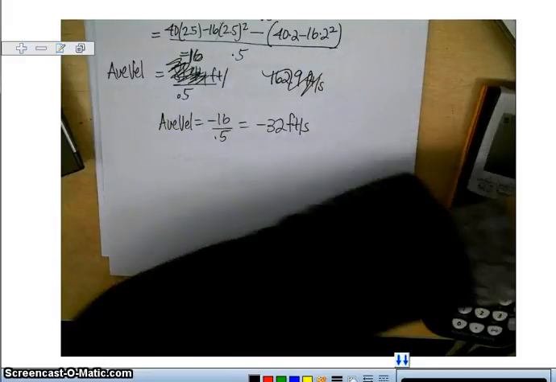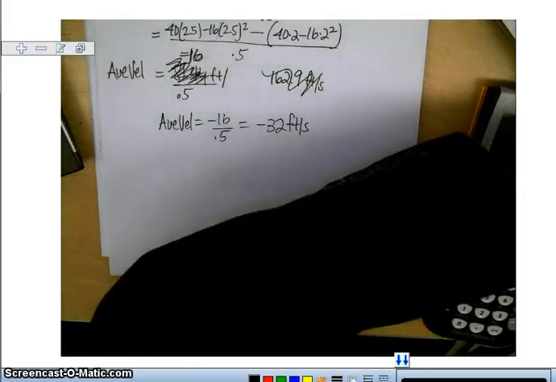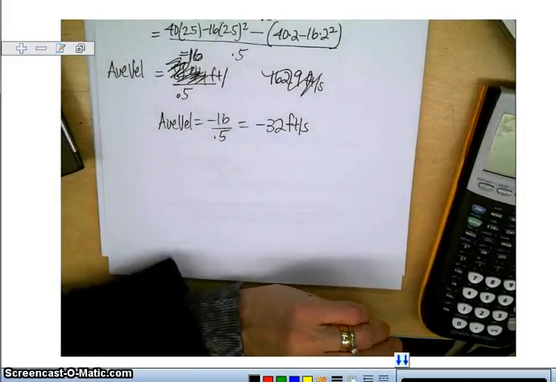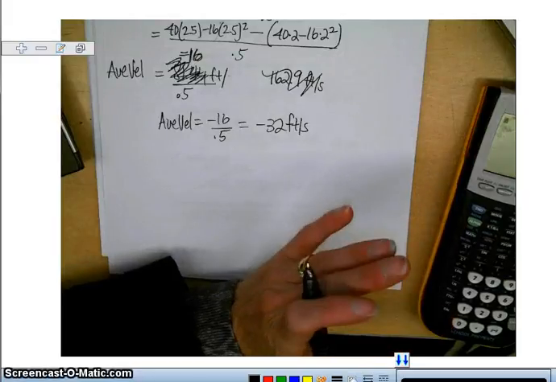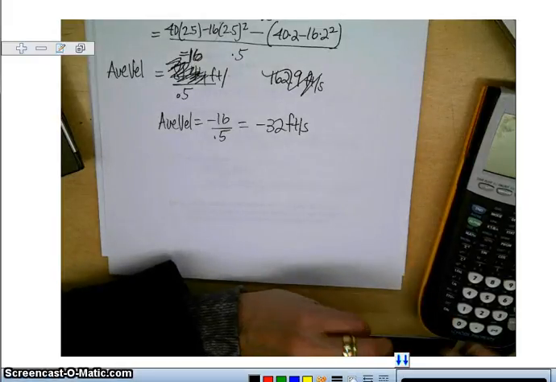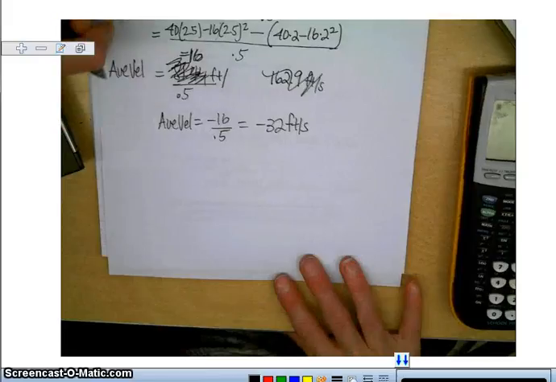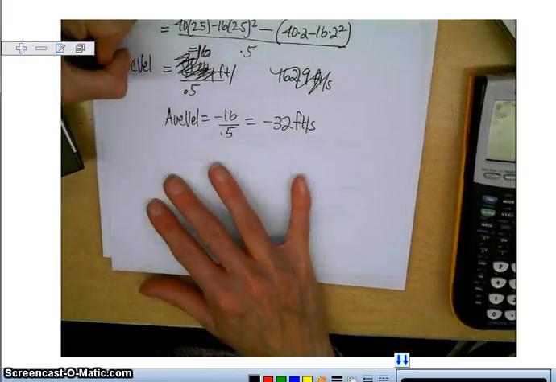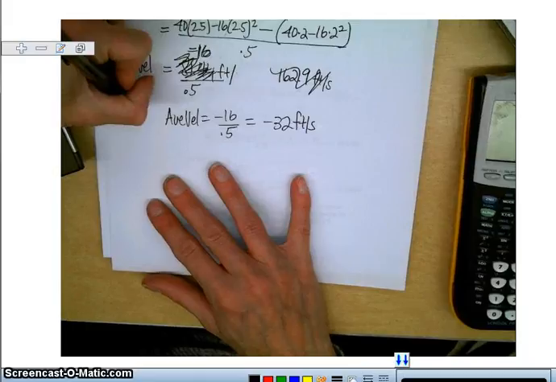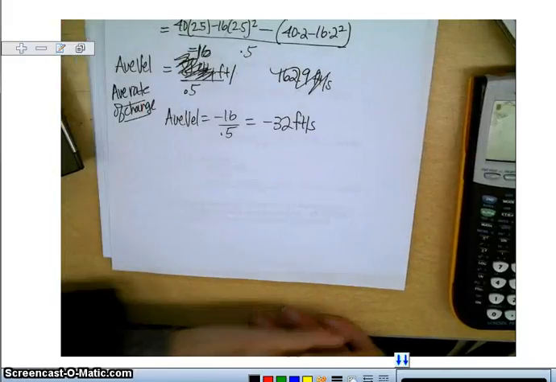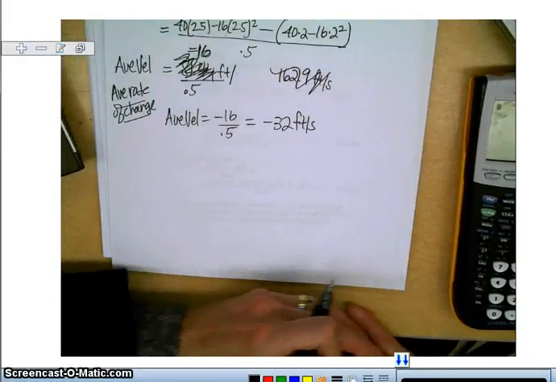Okay, in your homework, you've got average rate of change. Average velocity is also known as the average rate of change. I guess that's just the way they refer to it.